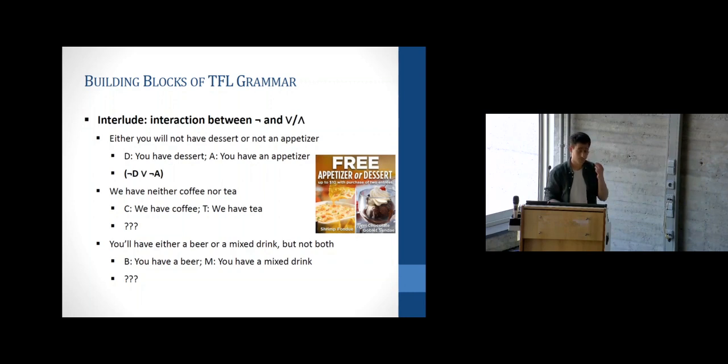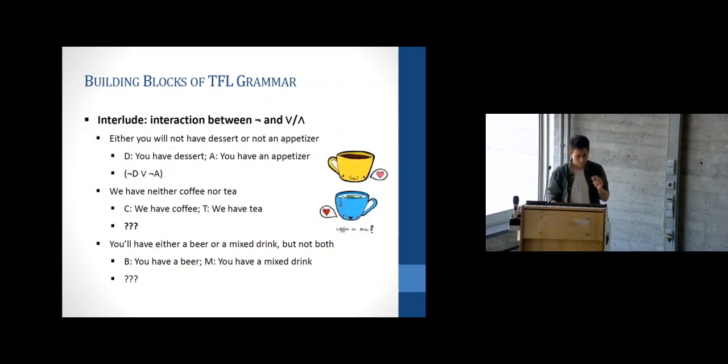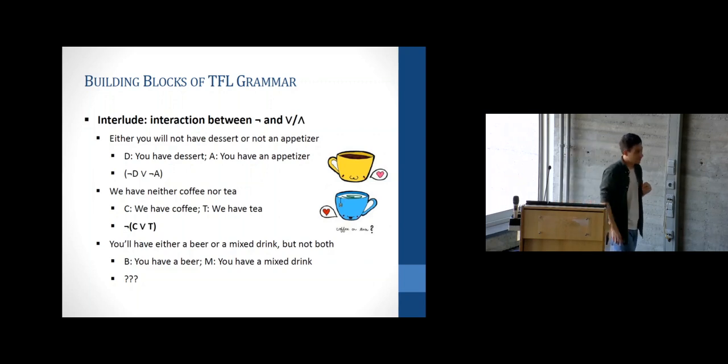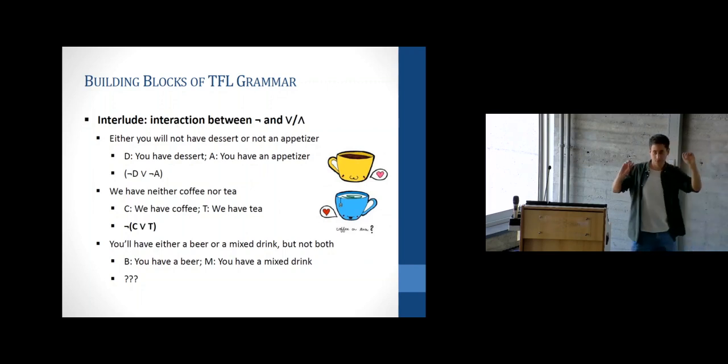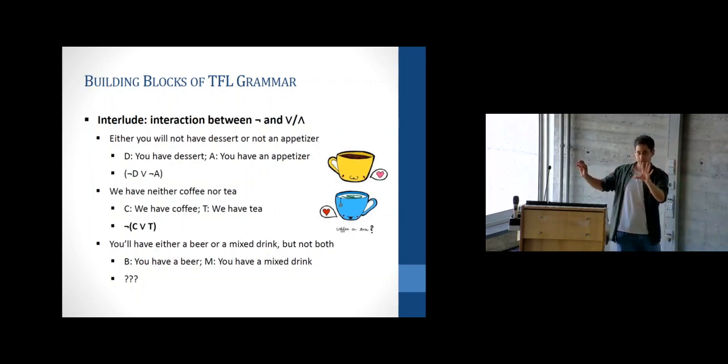And so, in fact, there are two ways of formalizing this. One way of thinking about it is to say, I start with the sentence, you either have coffee or tea, and I'm negating that. It's not true that I have either coffee or tea, meaning that I don't have coffee and I don't have tea.